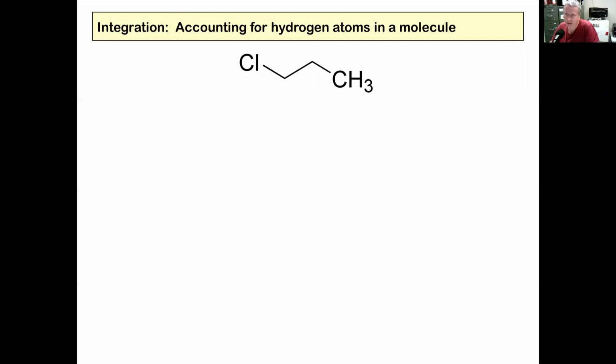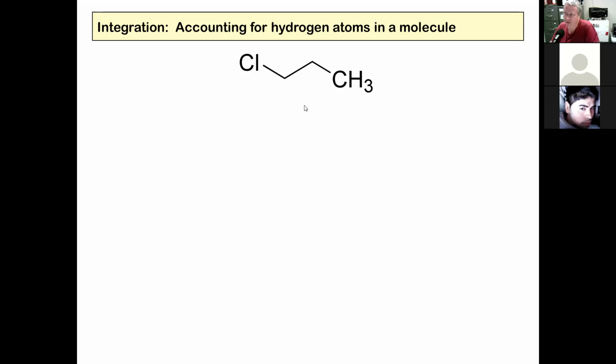Okay, so we were talking about integration and how you account for the number of hydrogens in the molecule with NMR, and we talked about this simple molecule. This is pretty easy, right?